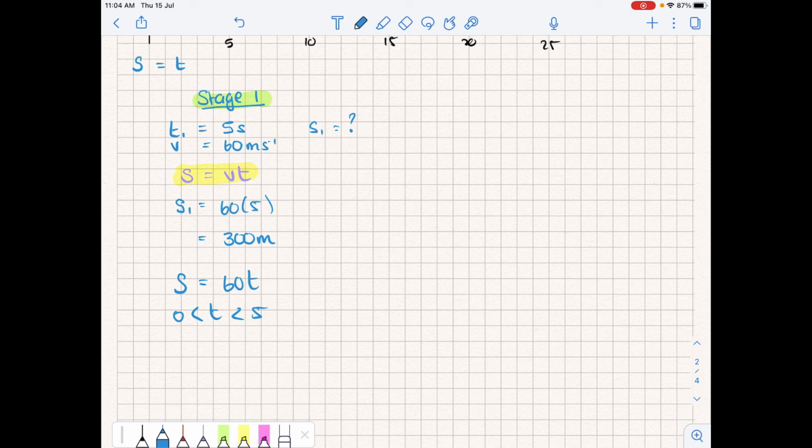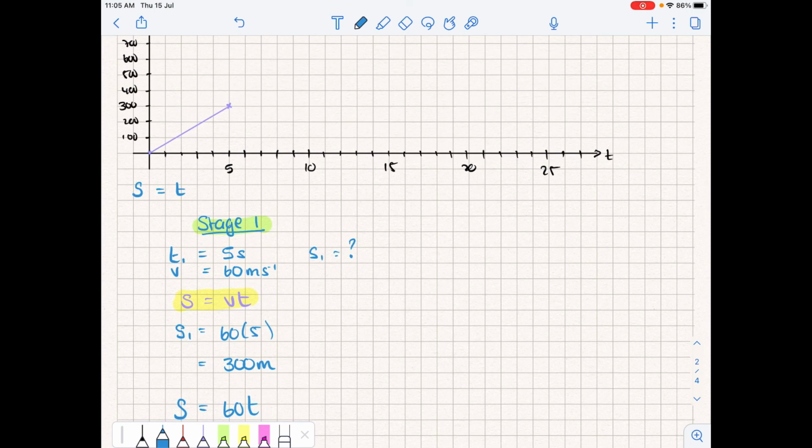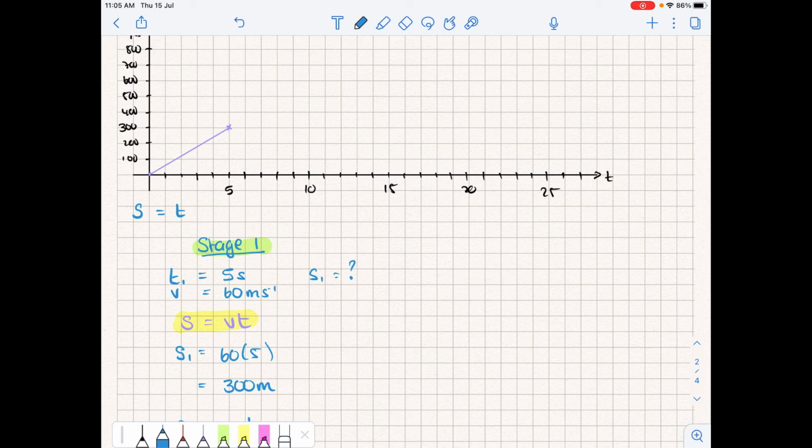It's a function where at different stages for your input value, you will have a different function. So between the values of time equal to 0 and time equal to 5, you need to use the equation displacement equals 60t, and that will give you the displacement at that time. Now, after 5 seconds, the way displacement happens is going to change, and so we have stage 2.